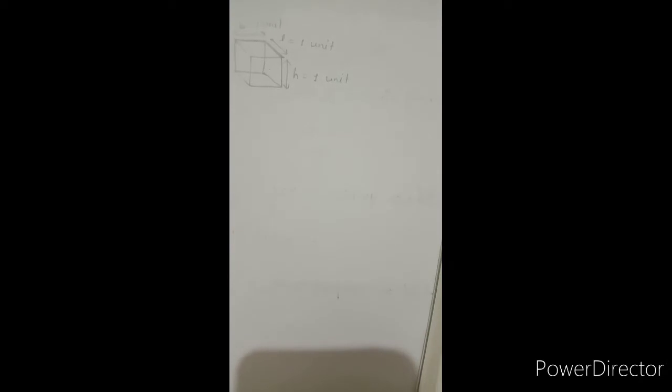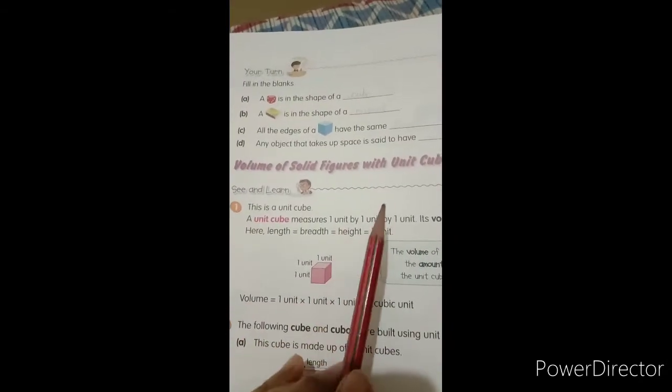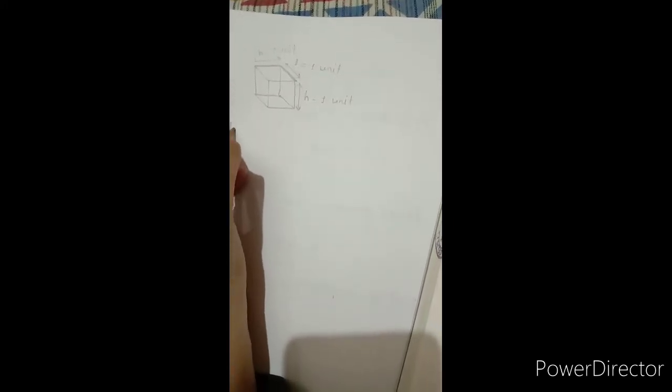It means length equal to breadth equal to height equal to 1 unit, and a unit cube measures 1 unit by 1 unit by 1 unit. Means first of all, the basic is volume of a cube.